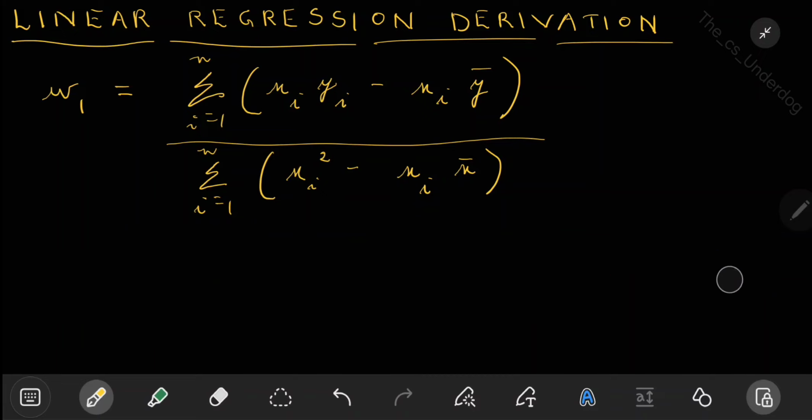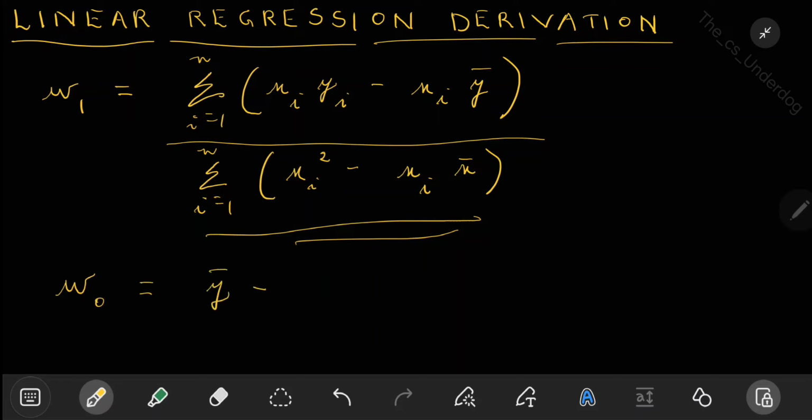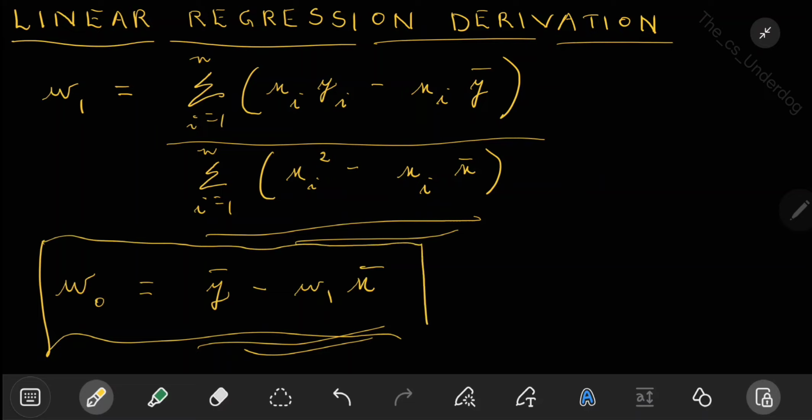So in order to find the coefficient w1, you can substitute the values of x and y in this equation. You can see here that w1 is not dependent on the value of w0. When we derived the value of w0, what was the value of w0? w0 is equal to y bar minus w1 x bar, right? This is what we derived for w0. So when we found it for w0, we had seen that it was dependent on the value of w1.